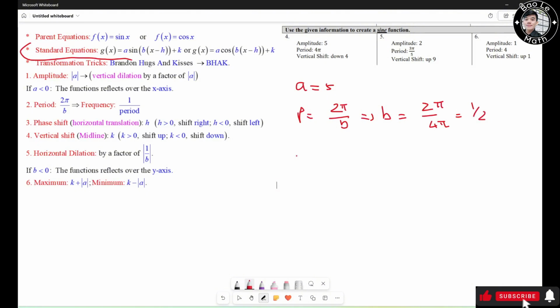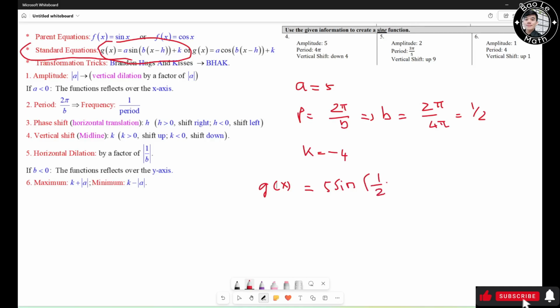Now, vertical shift is -4 because this could be down 4, right? So k equals -4. Now, the equation should be g of s equals this one right here, right? So it could be 5 sine of b, but b equals 1/2, right?